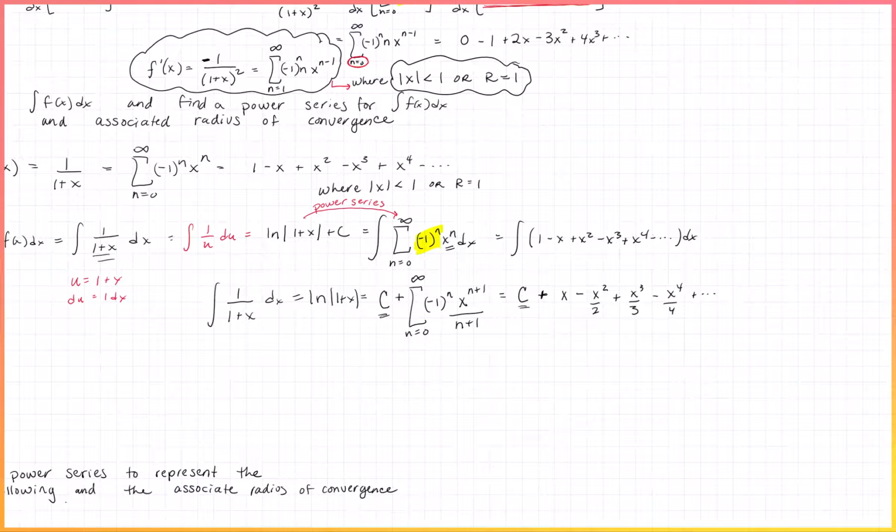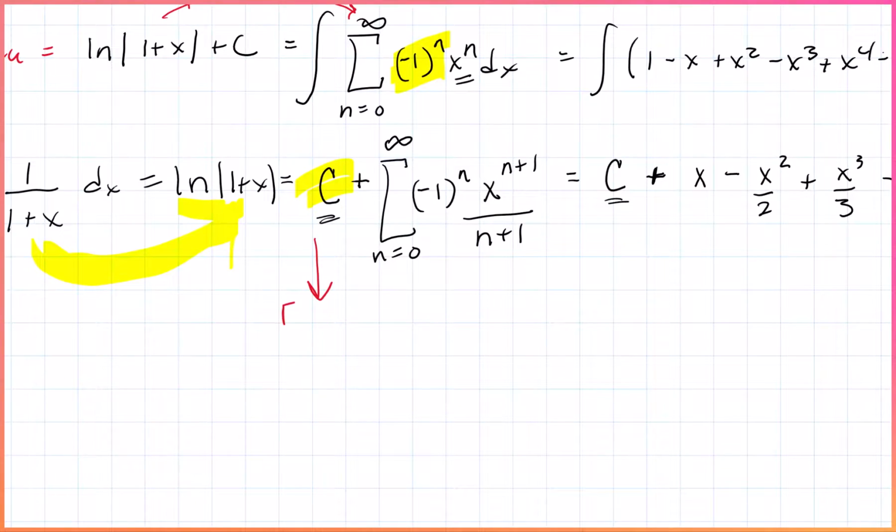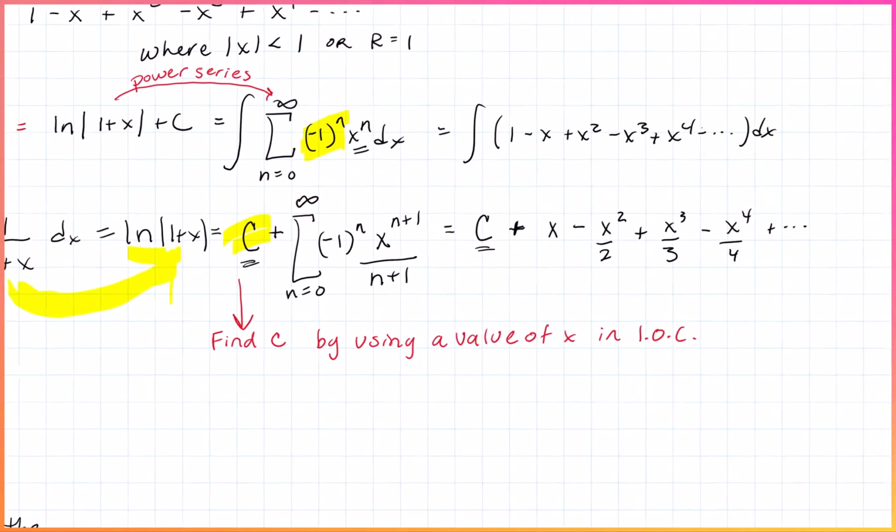Now, here's the thing. Because we were able to do this integral right here, we can actually find that c. Let's find c by using a value of x in the interval of convergence. So what's the interval of convergence here?